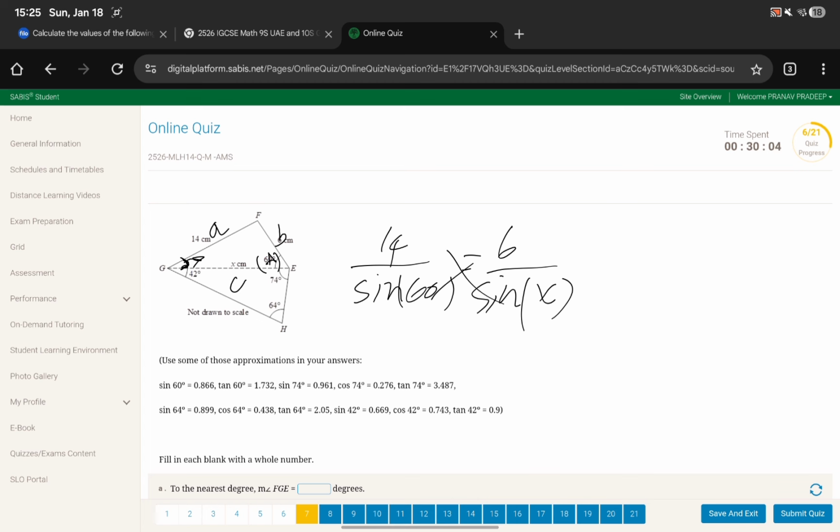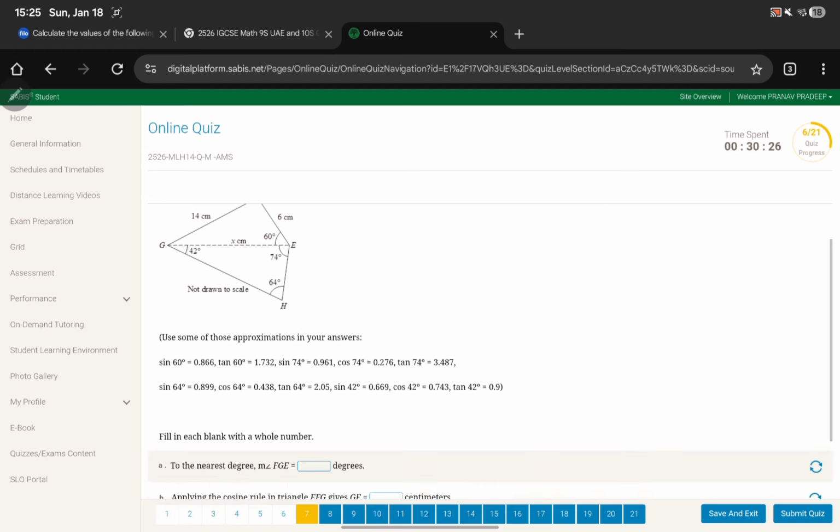So to the nearest whole number, you just round it off to 22 degrees.